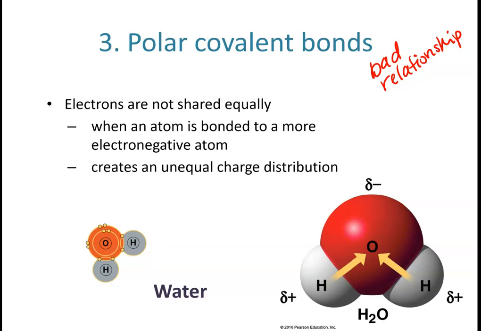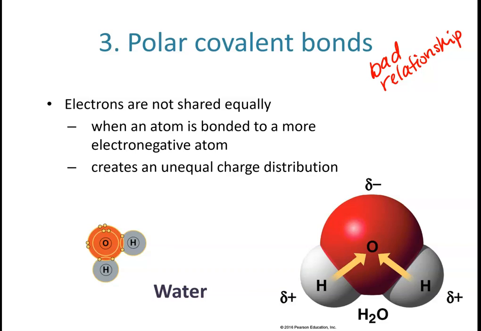In polar covalent bonds, we see that relationship where electrons are not shared equally. This happens when an atom is bonded to a more electronegative atom. And what happens is that electronegativity distribution creates an unequal charge for the molecule as a whole.